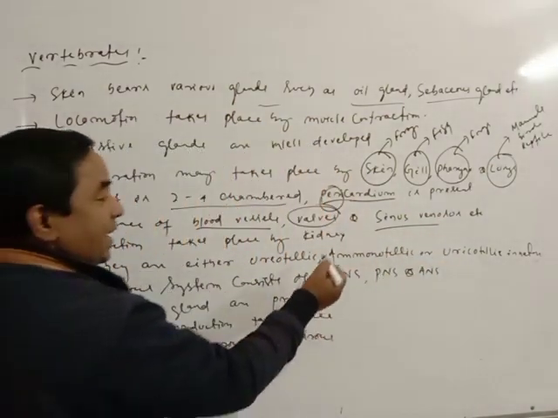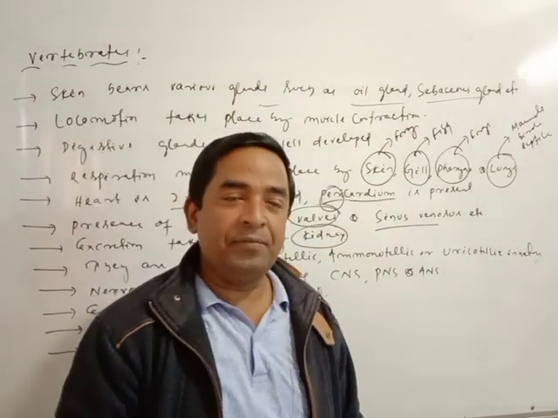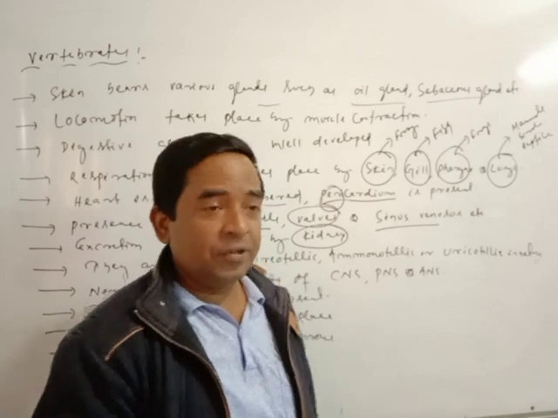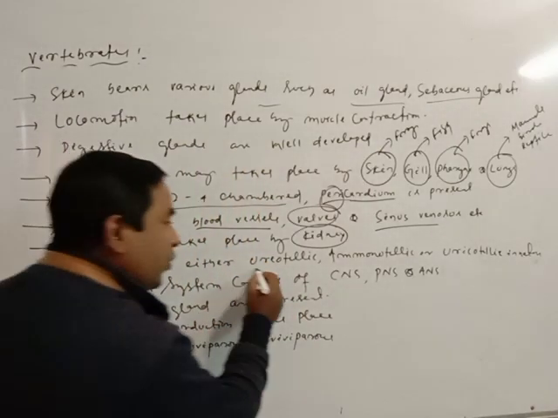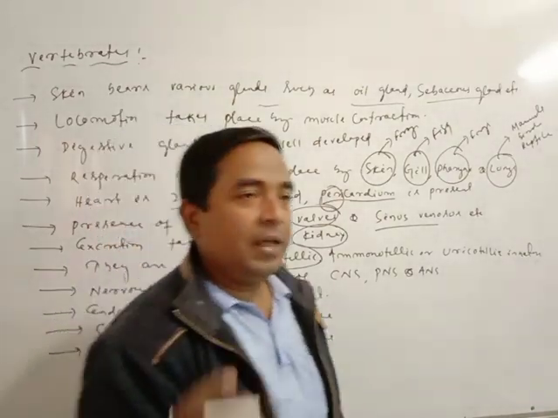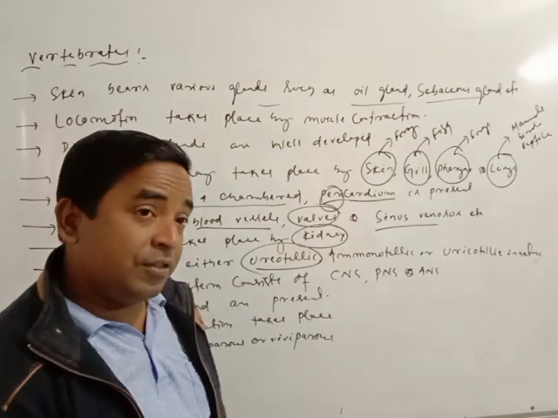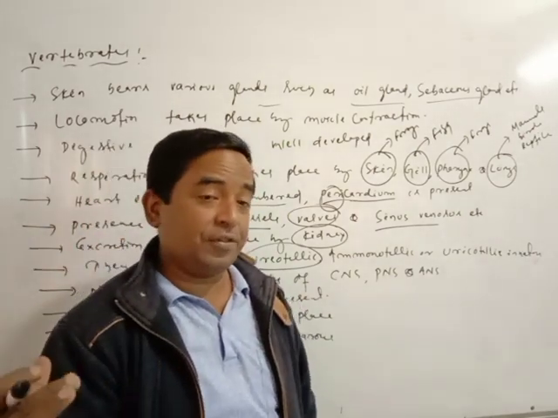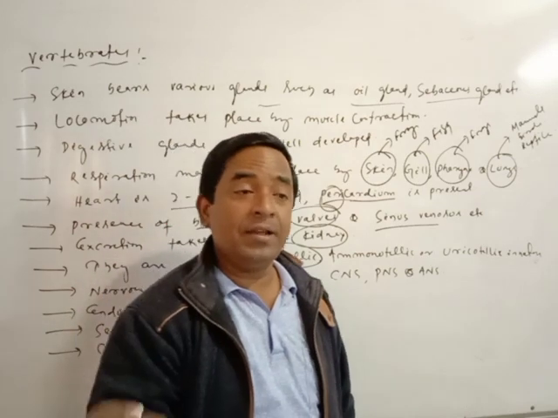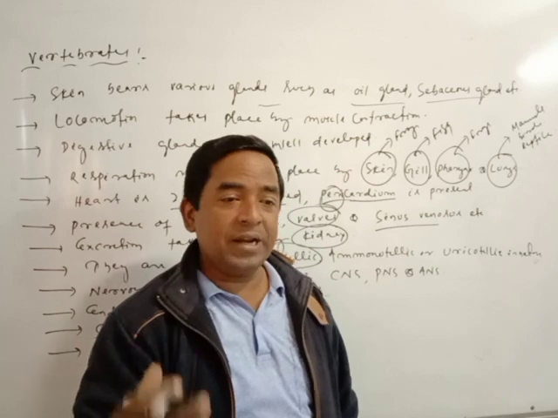Excretion takes place by kidney, so it may be pronephric, mesonephric, metanephric, or opisthonephric based on their complexities. They are either ureotelic, ammonotelic or uricotelic. Nitrogenous metabolic byproducts are always hazardous to our body, so they should be released immediately from our body.